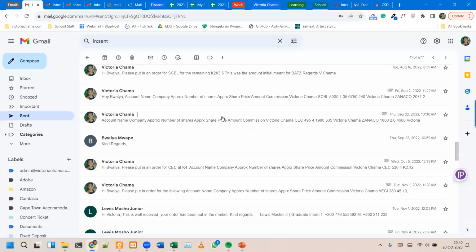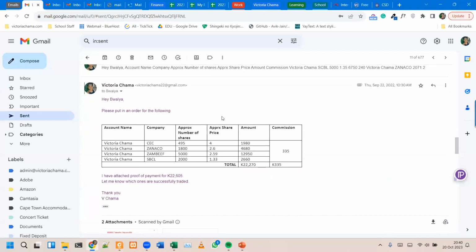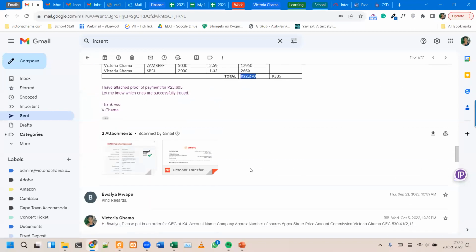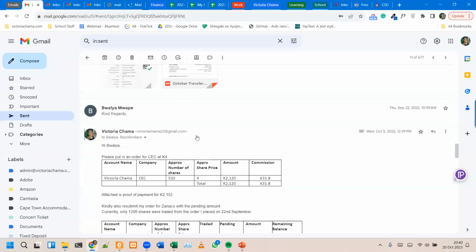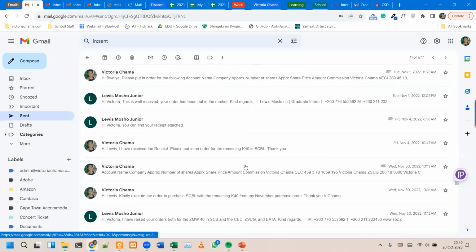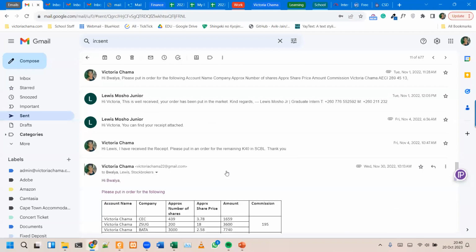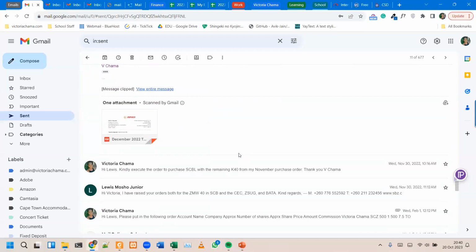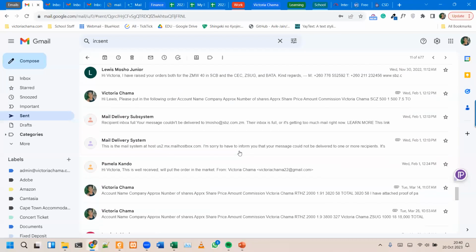Let's see if I do a random one. This was September, and I always break them down. This one was a purchase of 22,000. They sent proof of payment. This again was 2,000, proof of payment again. This one was 12,000, proof of payment. So you can literally buy them every single time you have money.